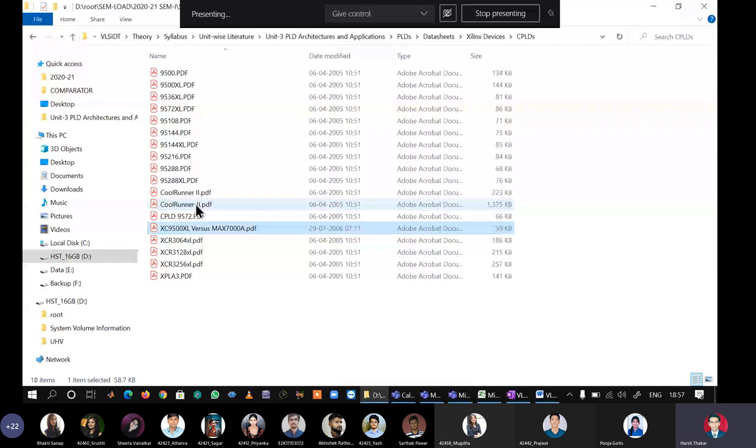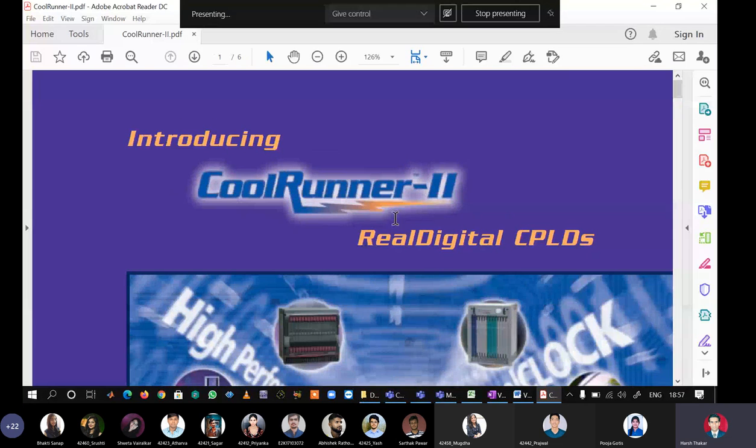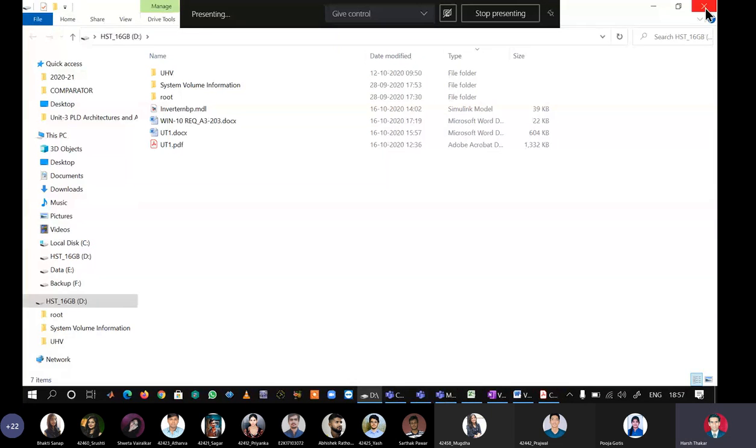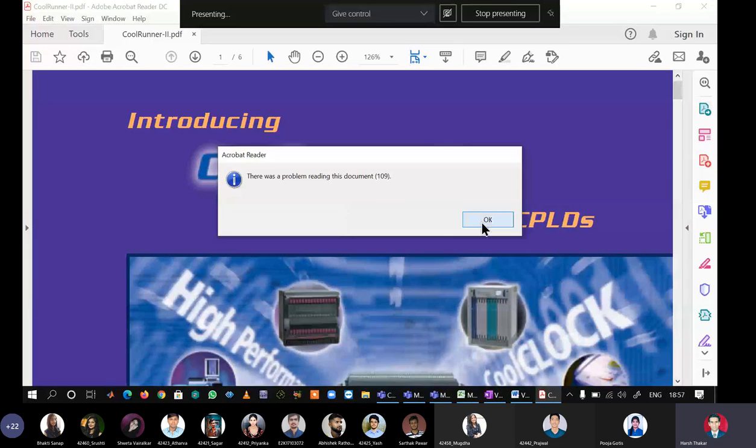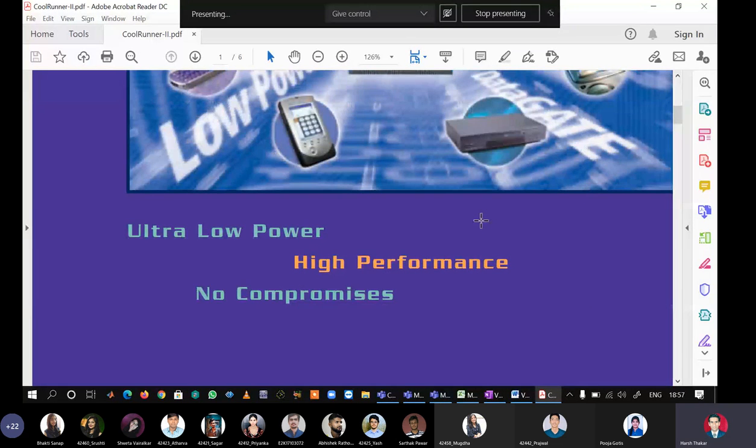We have Cool Runner 2. Cool Runner 2 was actually manufactured for low power dissipation, so the name is Cool Runner. Ultra low power, high performance.